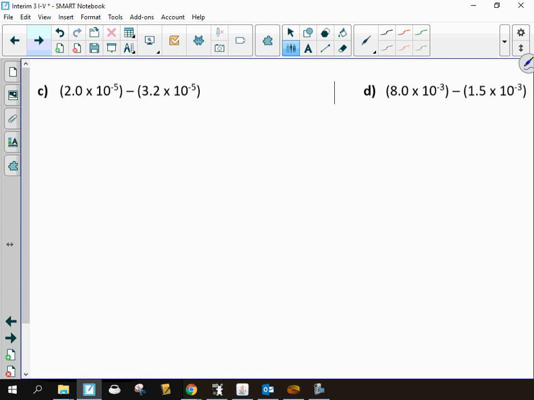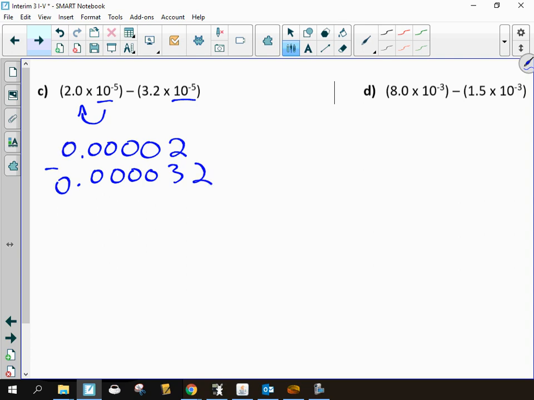Now, you can only add and subtract scientific notation if these terms are the same, because this is really 0.00002 minus 0.000032, or negative 1 point this times 10 to the negative 5th.